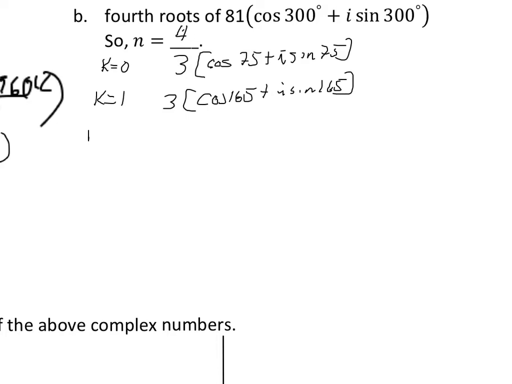All right, let's do k is 2. That gives us 3 times the cosine of 720 plus 300 all over 4. It's 1,020 over 4, which is 255. And because you're dividing by 4, you can just add 90 every single time.